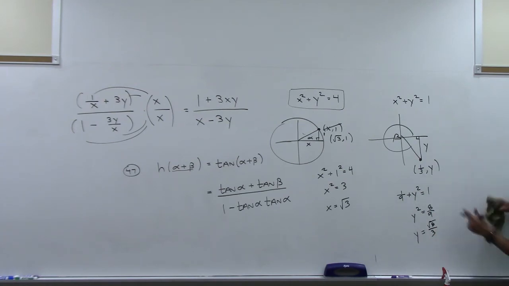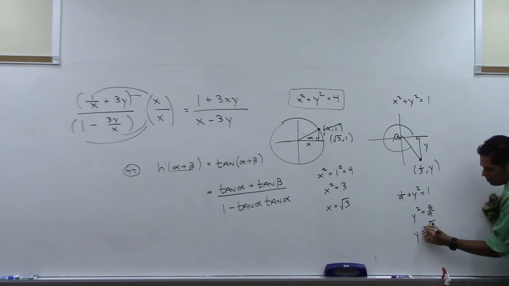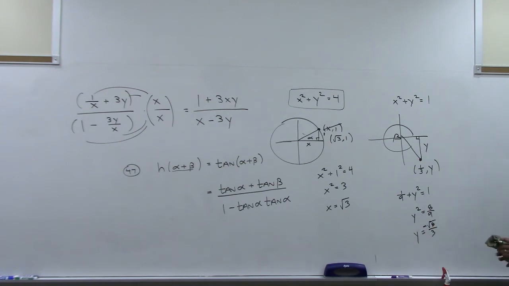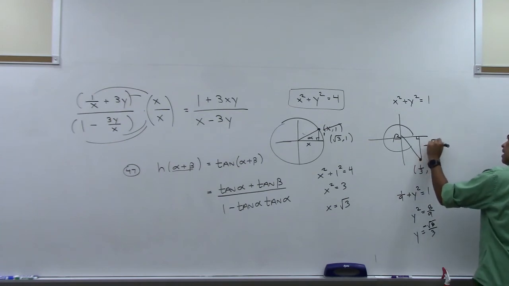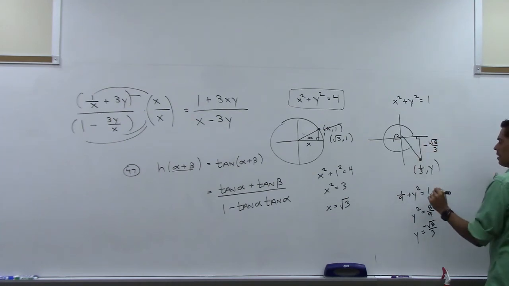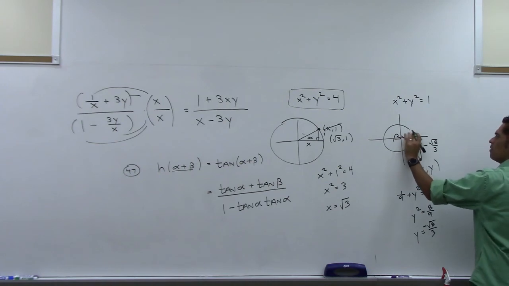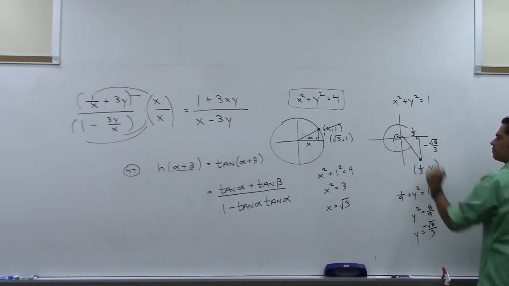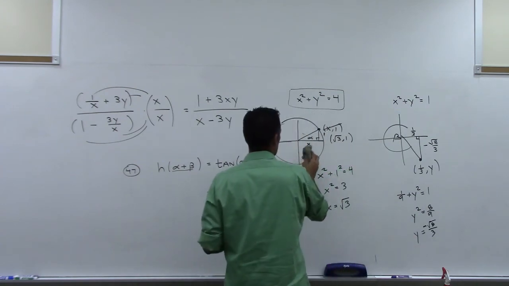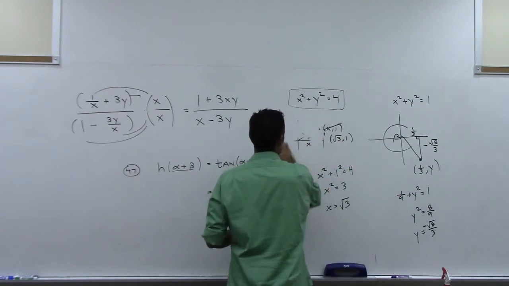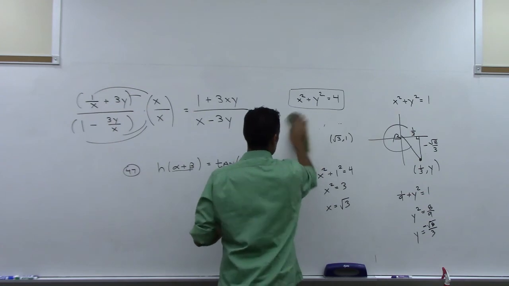And the y coordinate here should be negative because we're down here in this quadrant, so negative. So that changes things. That makes this negative root 8/3. And this was 1/3 this side, 1/3. And over here, let me redraw this over here. We have a triangle that looks like this.